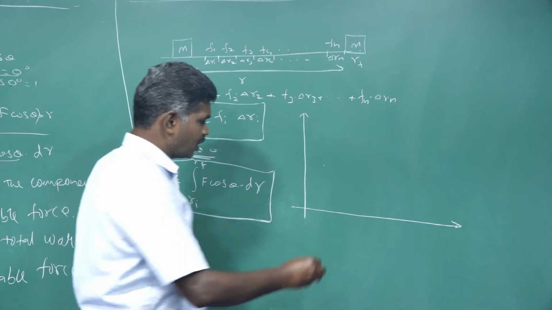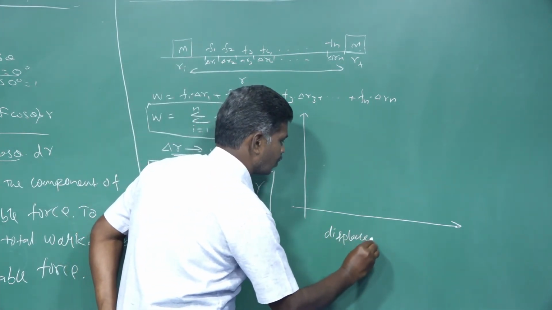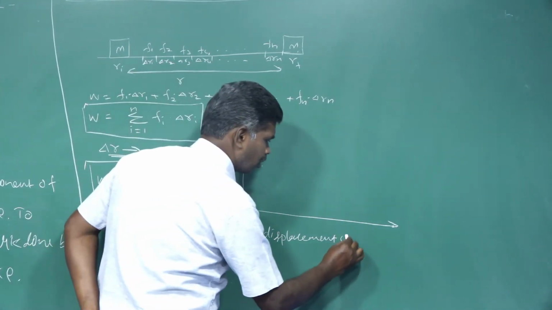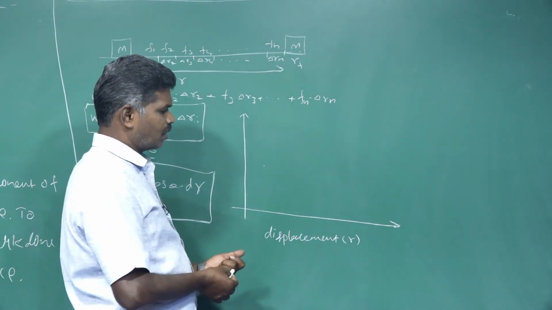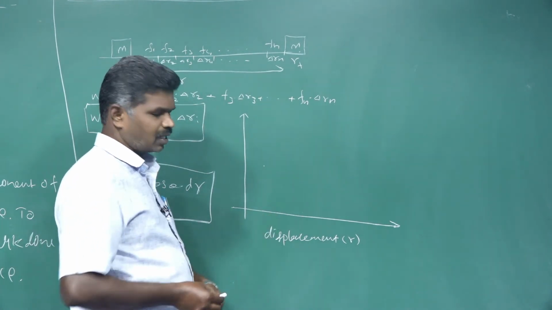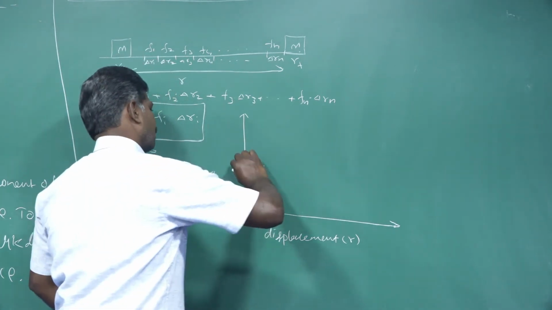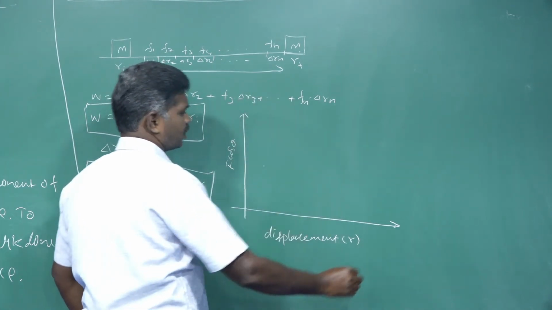Displacement is taken on the x-axis, which may be represented as R or S. Here the displacement is taken as R, and our variable force, F cos theta, on the y-axis.